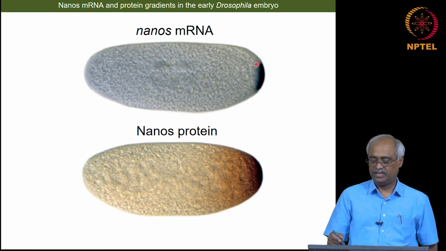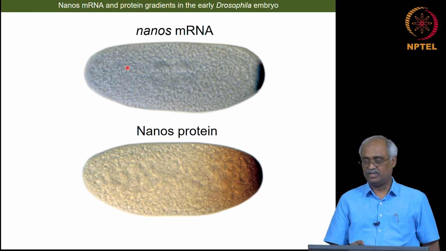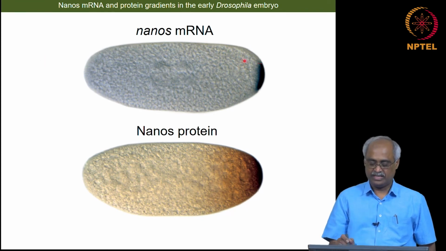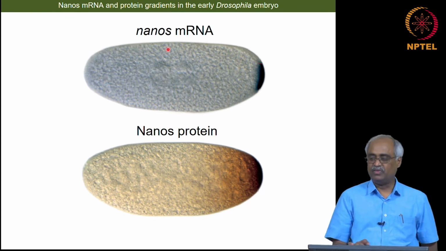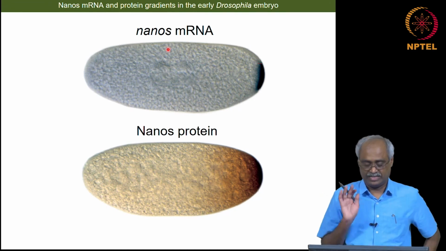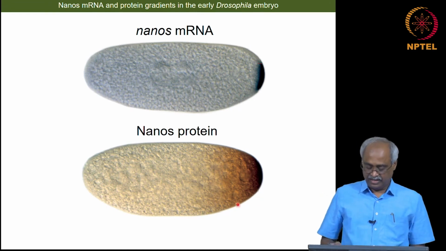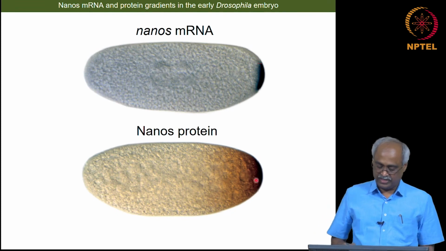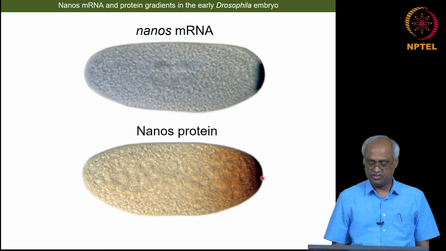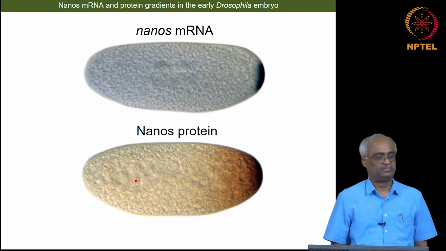So, you see nanos RNA primarily here, and some amount is left here that is not readily visible. So, you actually have a steep gradient mostly here and very little here, and that very little is translationally inhibited. And as the end result in the protein, you see a shallow gradient going from here to this.